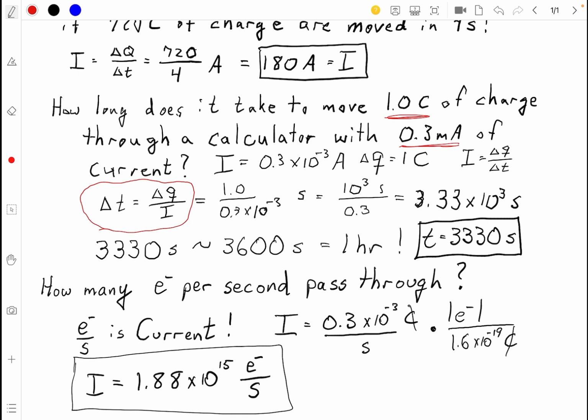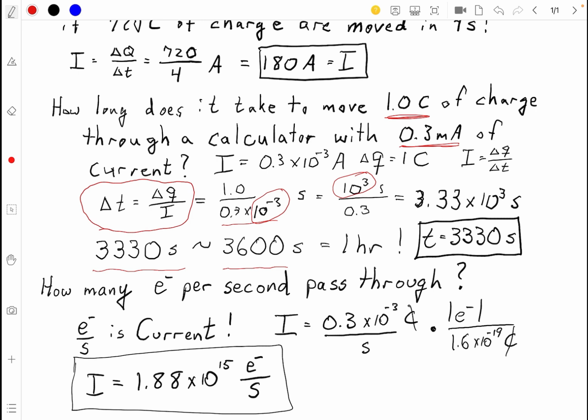Oh my goodness. And so that's here. And then I'm taking this, and it's in the denominator, so I'm putting it in the numerator, and that leaves us with 3.33 times 10 to the third seconds. Well, that's a lot of seconds. That turns out to be very close to about an hour.